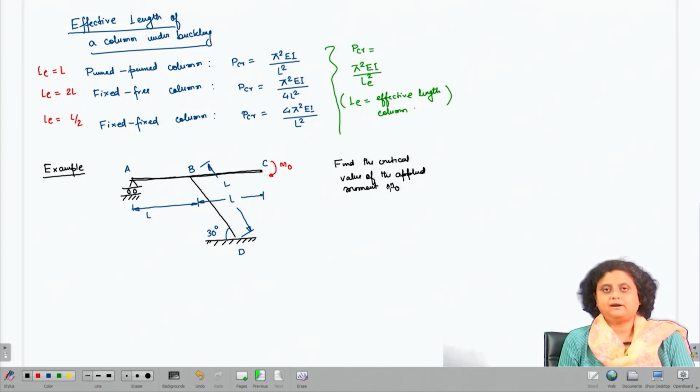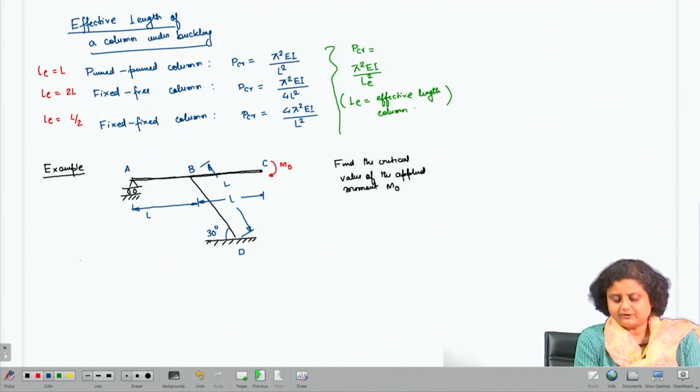So, we need to find out m0 so that none of these two members of this system undergoes buckling. Now, in order to analyze the structure, let us first draw the free body diagram.